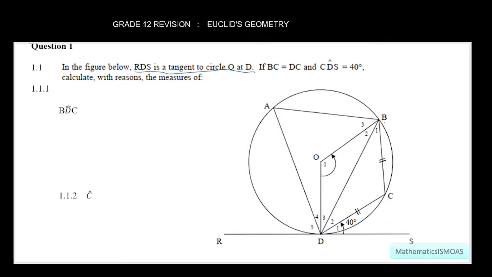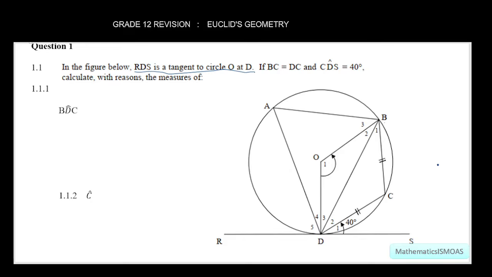The other one, you see that ABCD is a cyclic quadrilateral. Therefore, opposite angles of a cyclic quadrilateral are supplementary. Angle A plus angle C will be equal to 180 degrees.